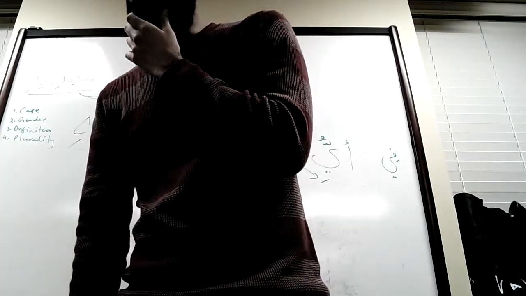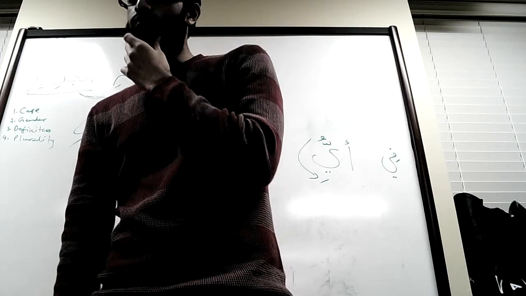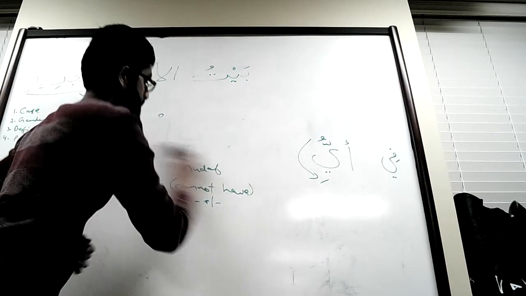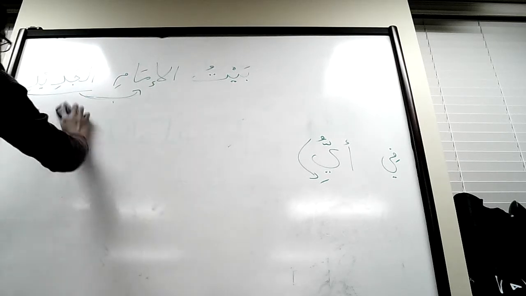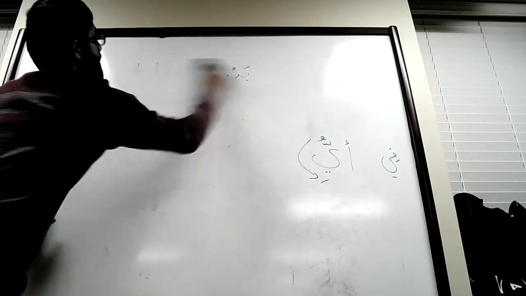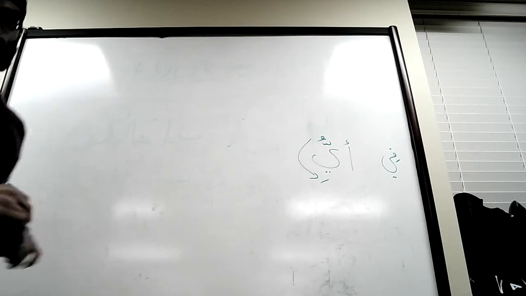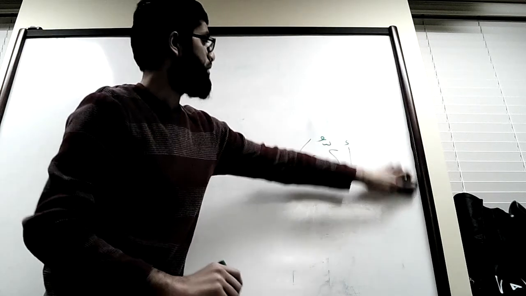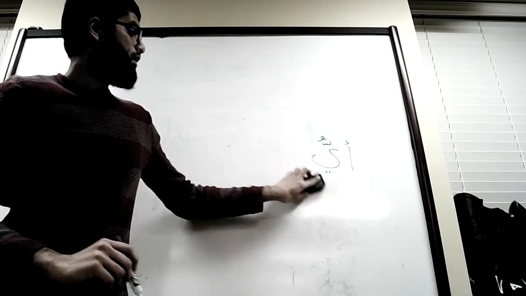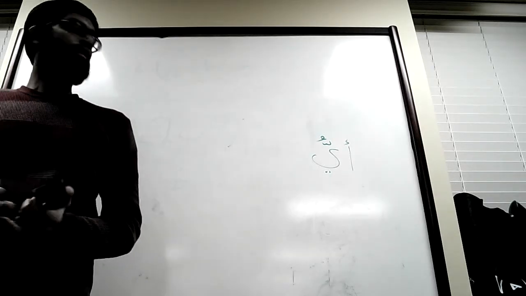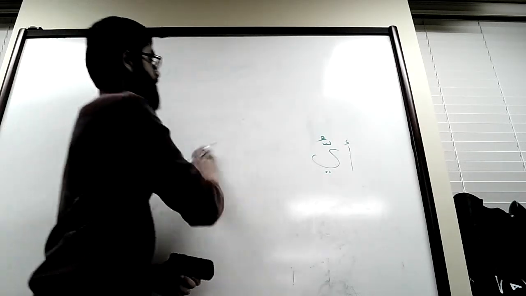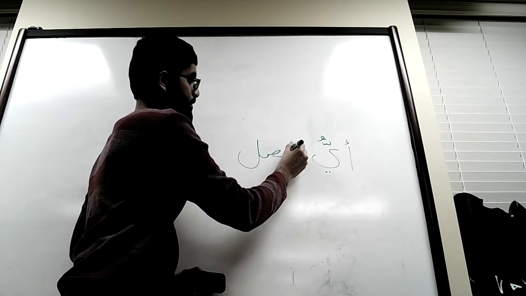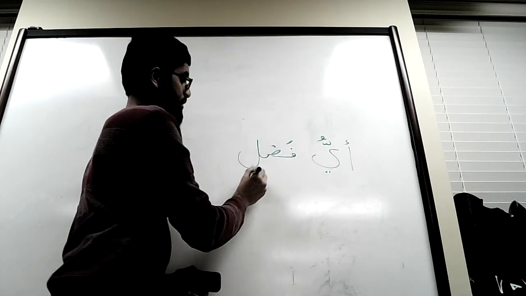Can you shed some more light on which one is the mudaf and which is the mudaf ilayhi? That's a good point, let's do that. Ayu means which, and then we said ayyi faslin.